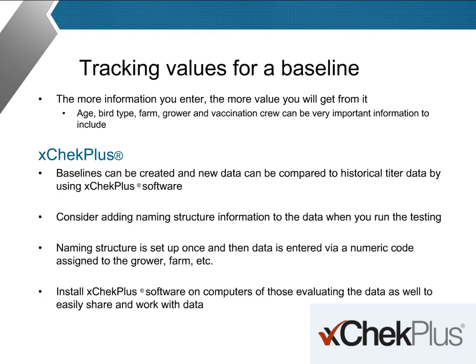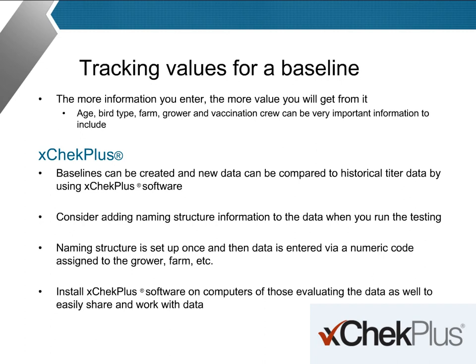The more information you enter, the more value you'll get from it. You may want to consider including the age, the bird type, the farm, etc., as this can be very important information to look at. In XCheck Plus, baselines can be tracked by titer value over time directly in the software. And you want to consider adding a naming structure to the data when you run the testing.